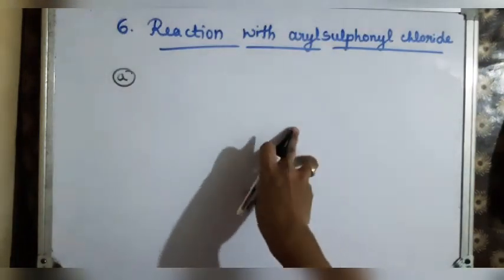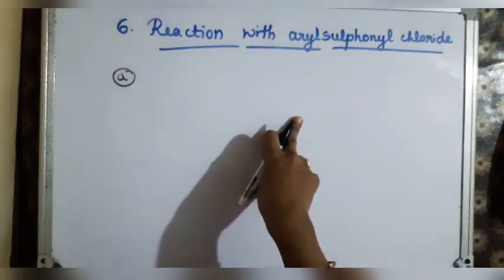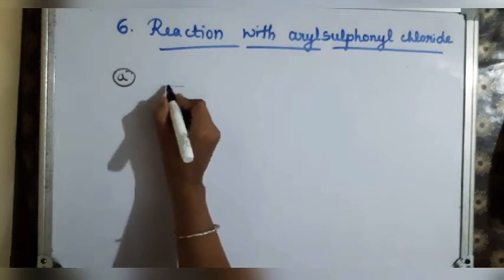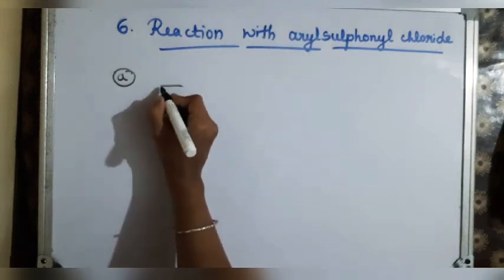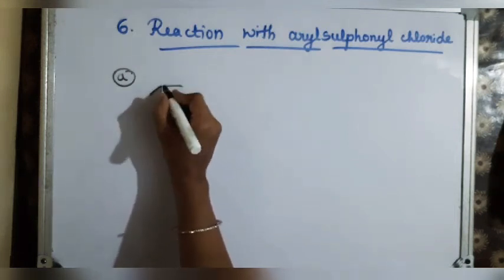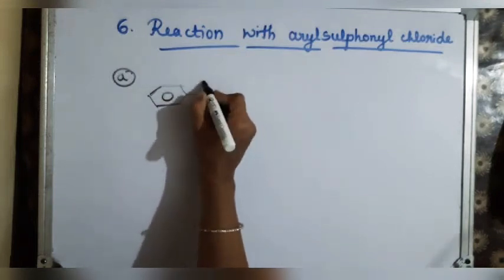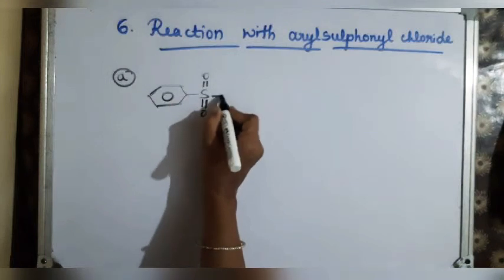We will take an example of primary amine here, that is ethylamine. So what happens when we take ethylamine? Benzene sulfonyl chloride is C6H5SO2Cl.